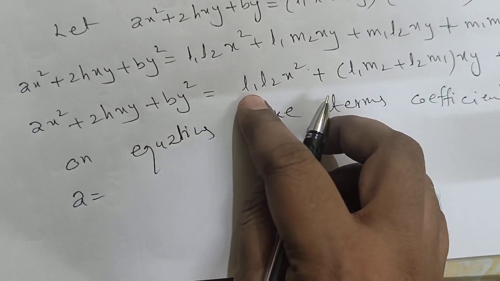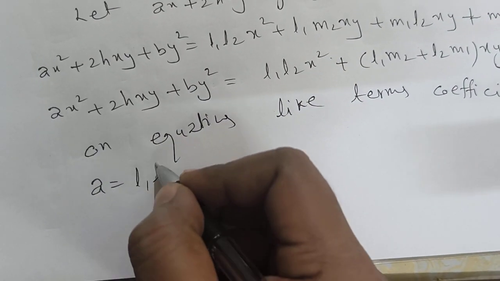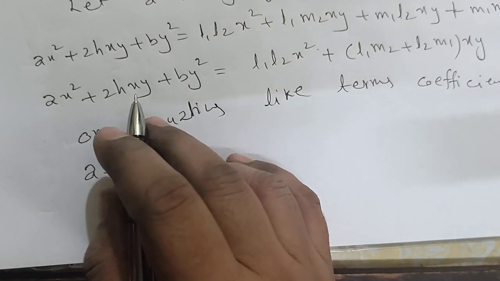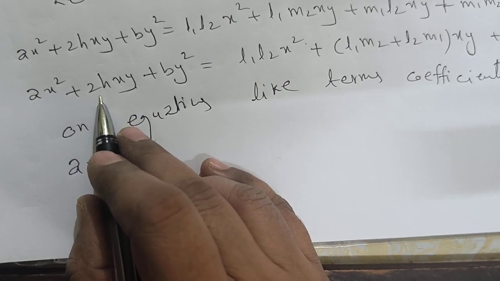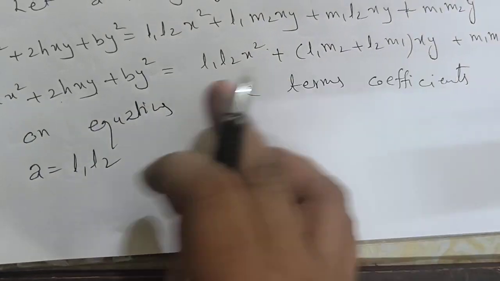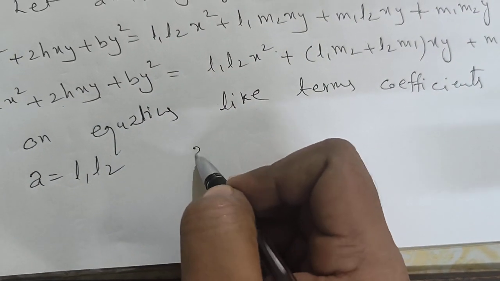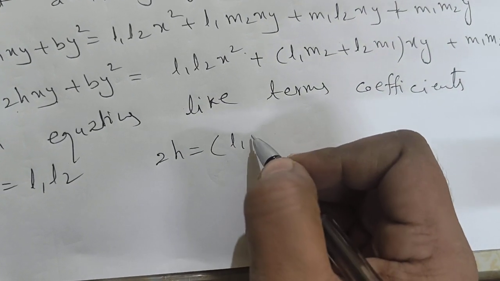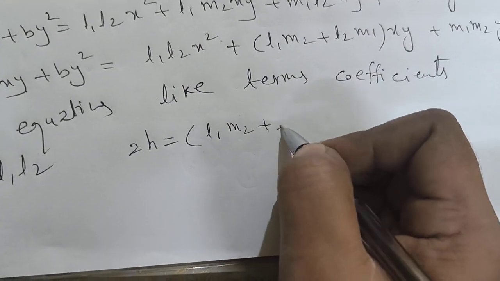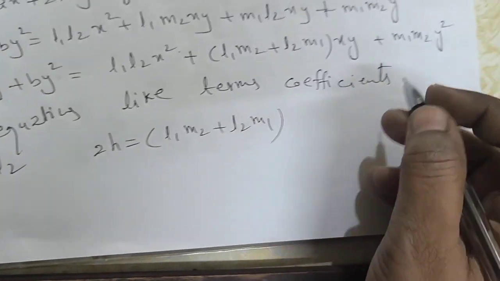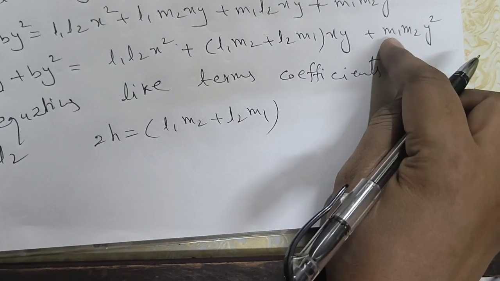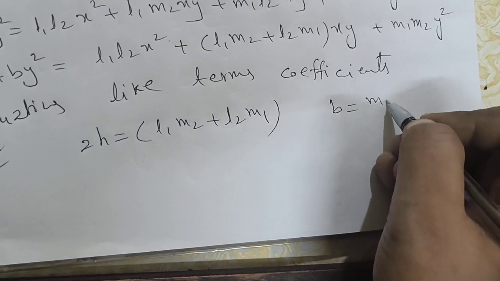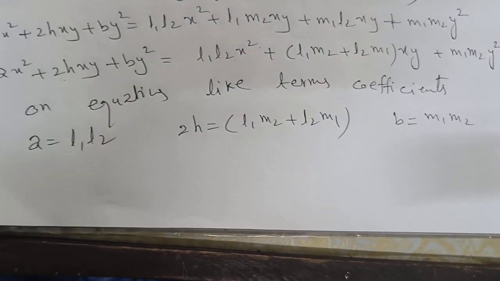Here x square coefficient is L1 L2, means we got the value of a is L1 L2. Similarly we have to get 2h value. Coefficient of xy is 2h. 2h is equal to, here we have L1 M2 plus L2 M1. Now coefficient of y square is M1 M2, here it is b. b is equal to M1 M2.